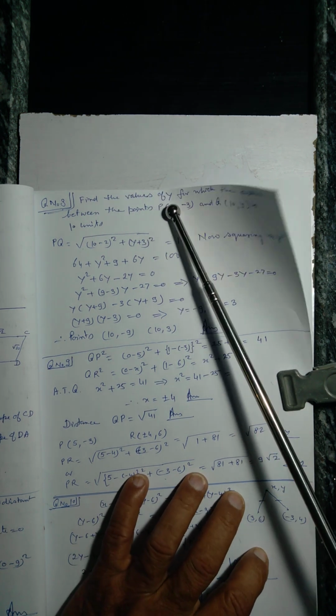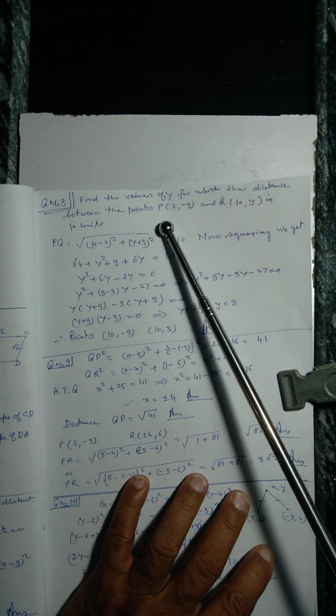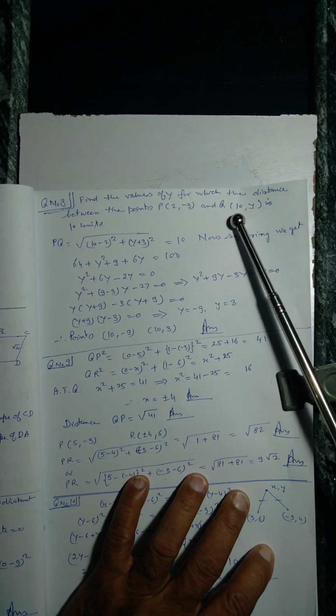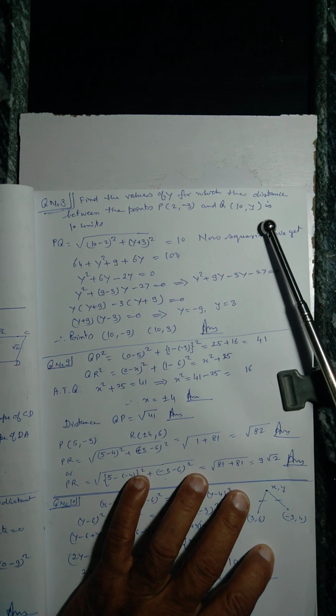Find the values of y for which the distance between the points P(2, -3) and Q(10, y) is 10 units.